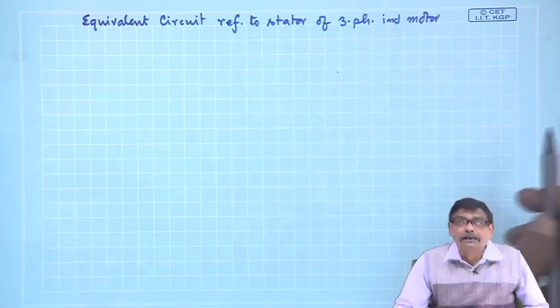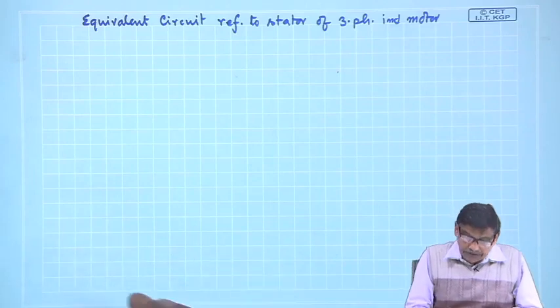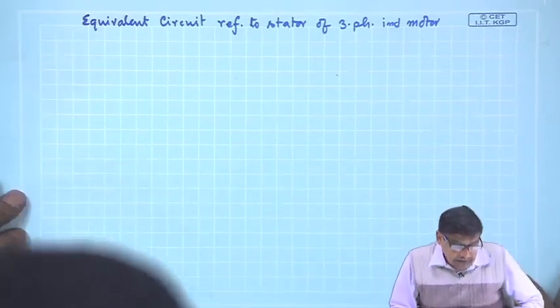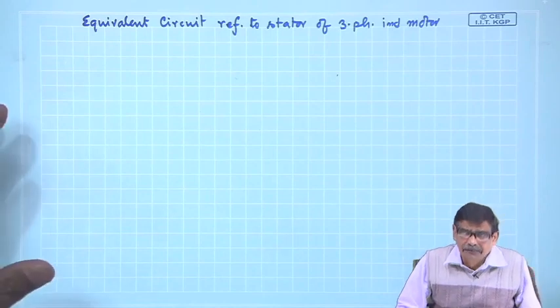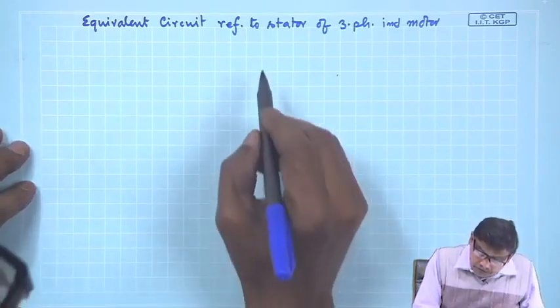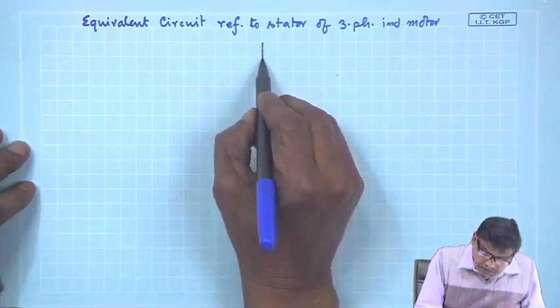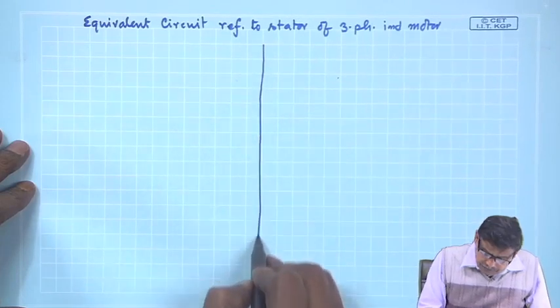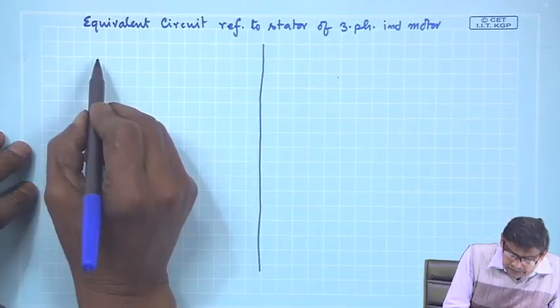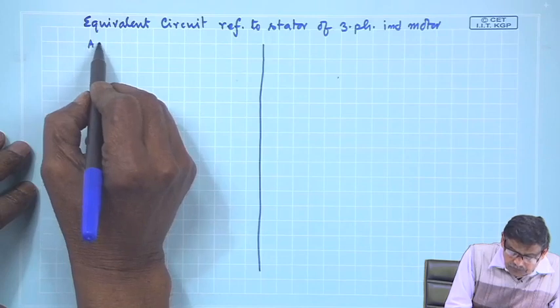Let me quickly review, because this looks slightly involved, but really is not so. What I was doing is this: let me draw a vertical line here. This is my actual motor.